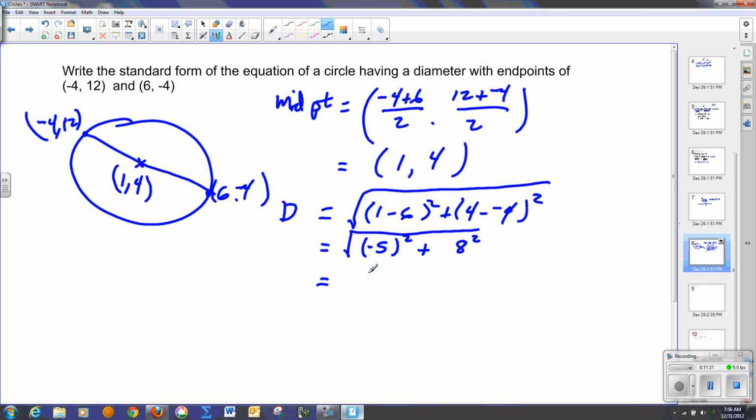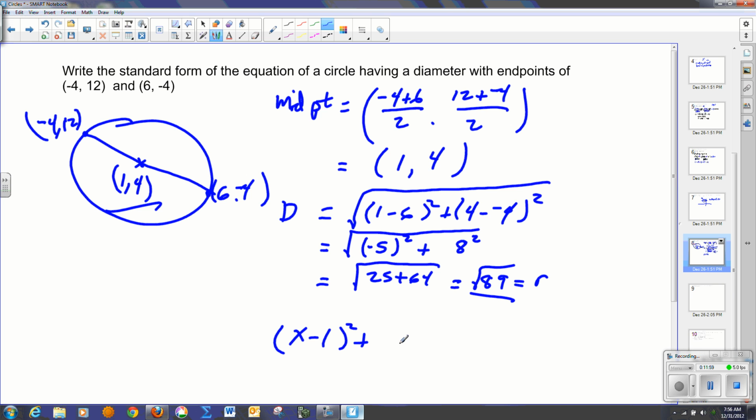So this is going to be 25 and 64, or square root of 89. So now that I have my center and that distance, which is also equal to my radius, I can write the standard equation of x minus 1 quantity squared plus y minus 4 quantity squared is equal to r squared, or 89.